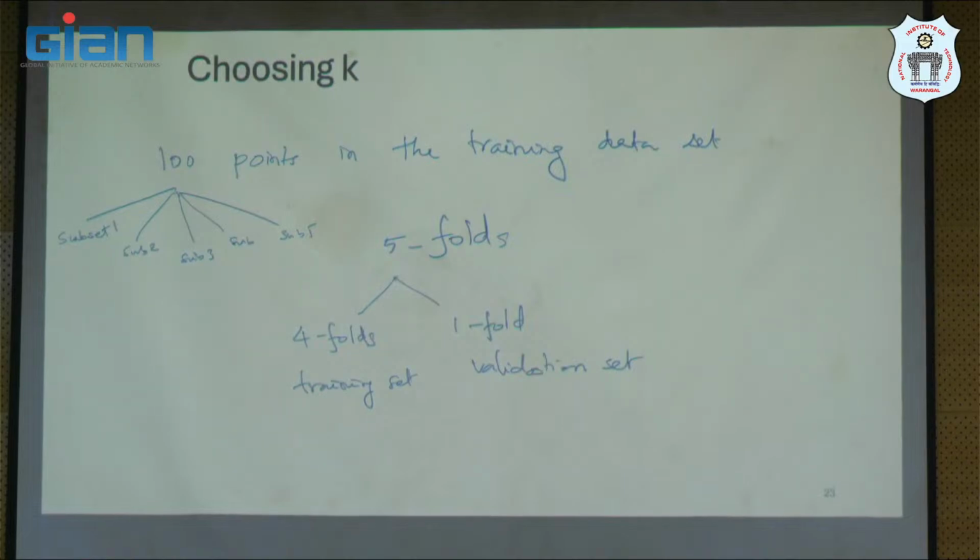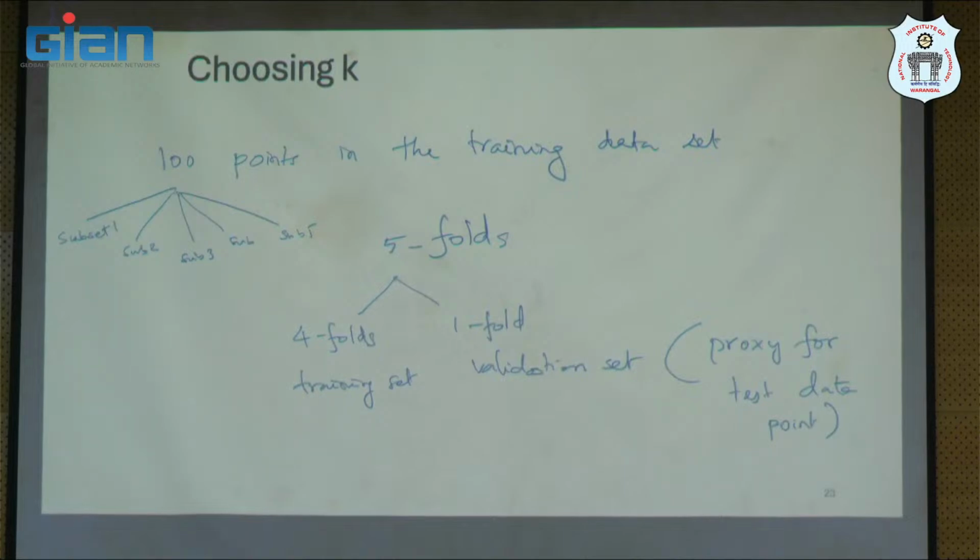All are from the training data set only, so we know the label for all the 5 folds, but we are just assuming that one of the folds is considered as validation. What do I mean by validation set? It is a proxy for test data points. It is going to mimic my test data points.